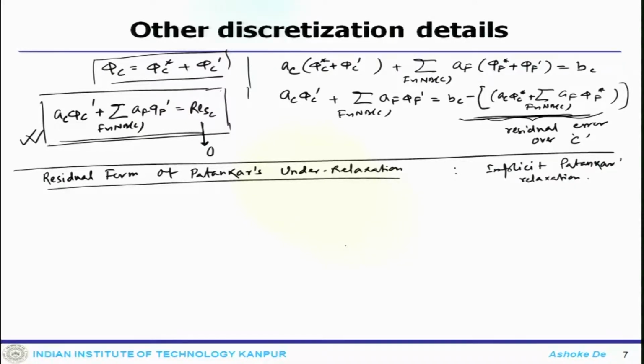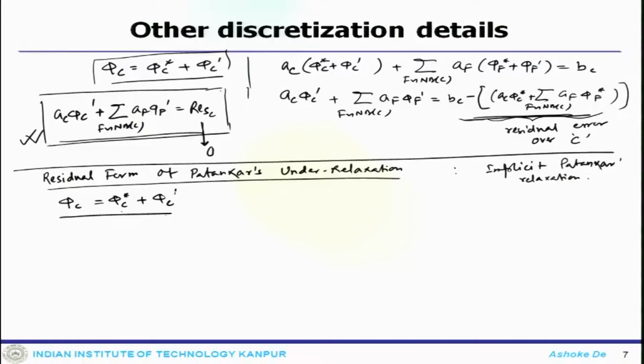So, what you can do is that here also we have phi c, which will be corrected as phi c star plus phi c prime. So, this is from the previous iteration, as we have used in the residual form, and this is the correction that is there.